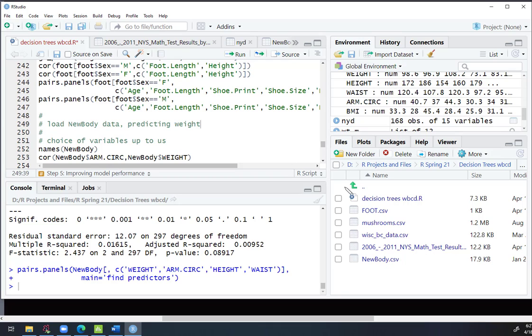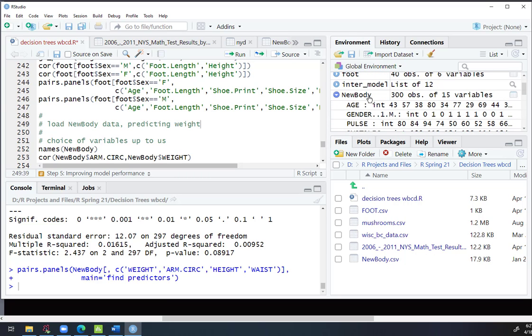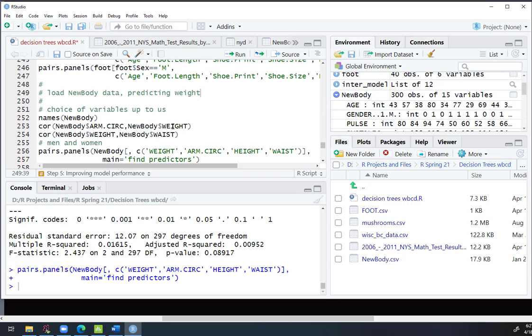I should have put it in the script, but the way I did it was to put it into my working directory, and here it is right here, new body, comma separated variable file. It's in my working directory, and then I did an import data set, and it landed in my global environment right here. So now I've got a data set. And my goal is going to be to predict a person's weight. That's what I want to predict.